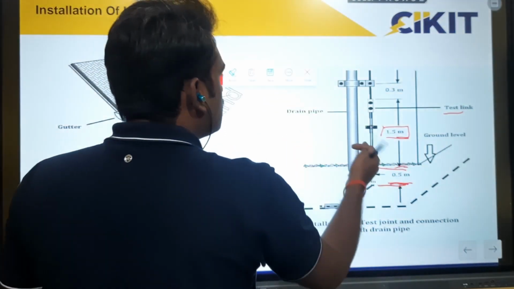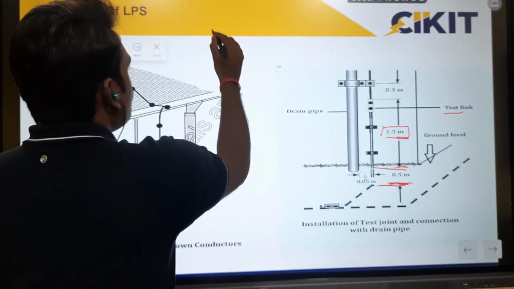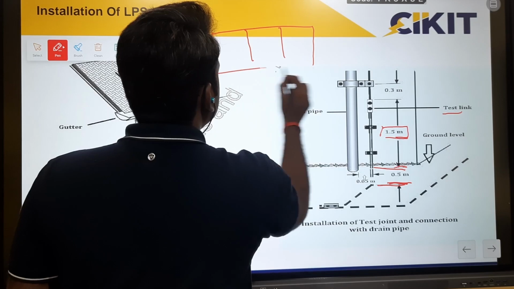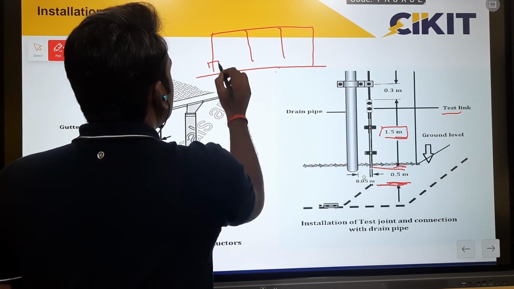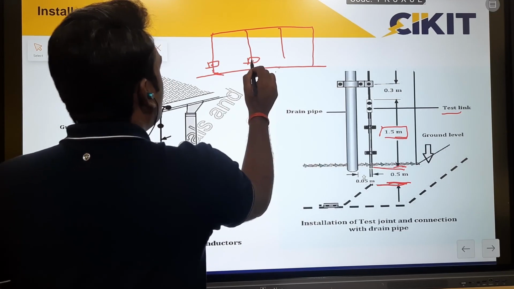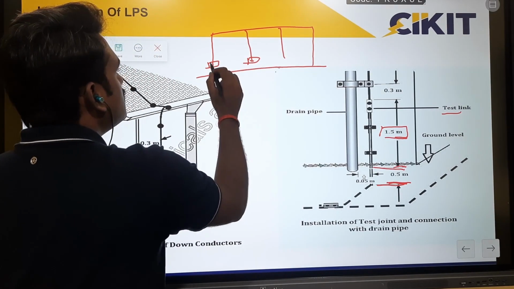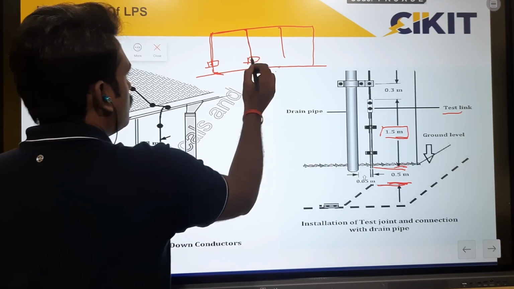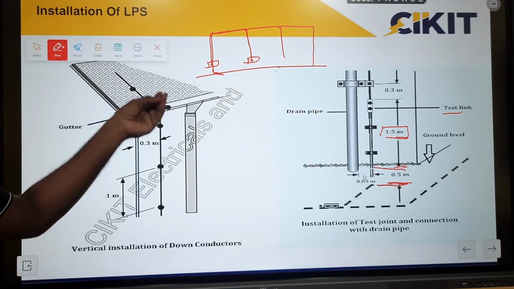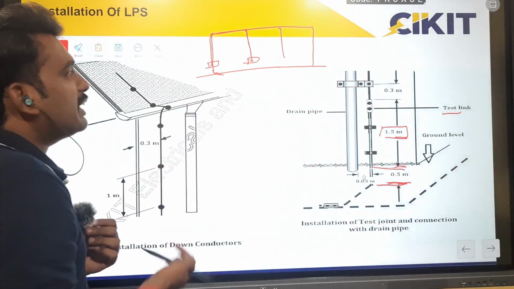For example, if you take this as an example, and there are many down conductors in one system, then if I disconnect the test link from the ground, and I find continuity between these two test links, then the path is closed through the down conductor only. So for inspecting the condition of the down conductor, that is the continuity of the down conductor, the test link can be used.